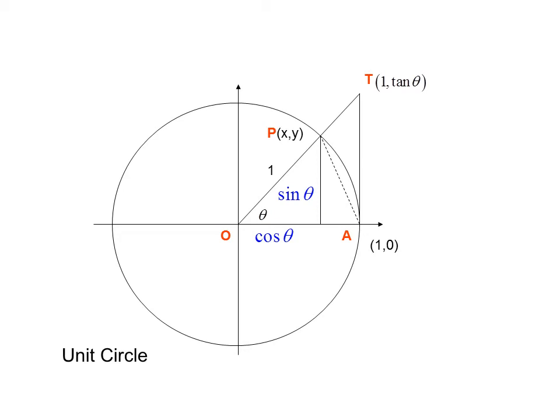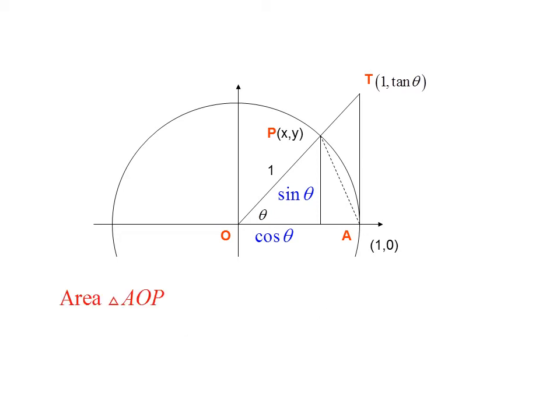Now, we draw a line segment between point P and A, and we can see by looking that the area of triangle AOP is less than or equal to the area of the sector AOP.